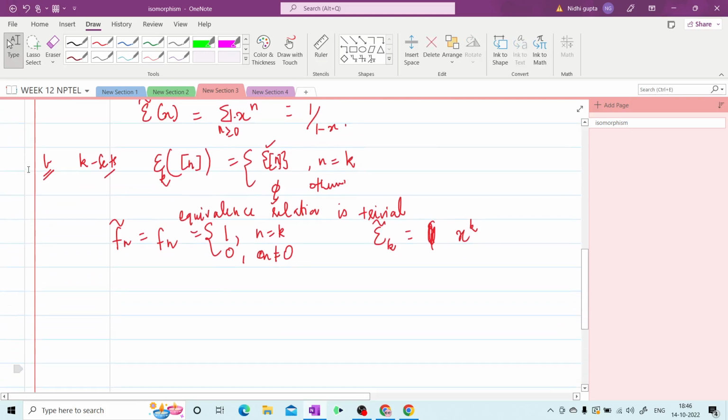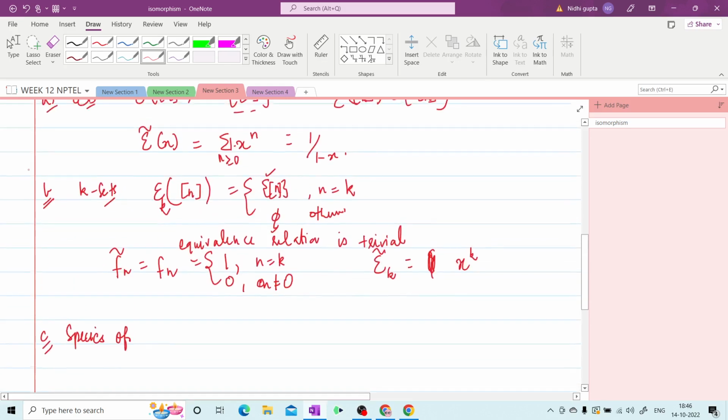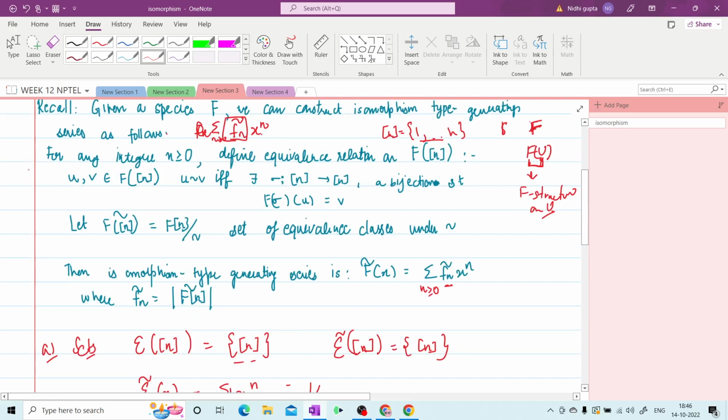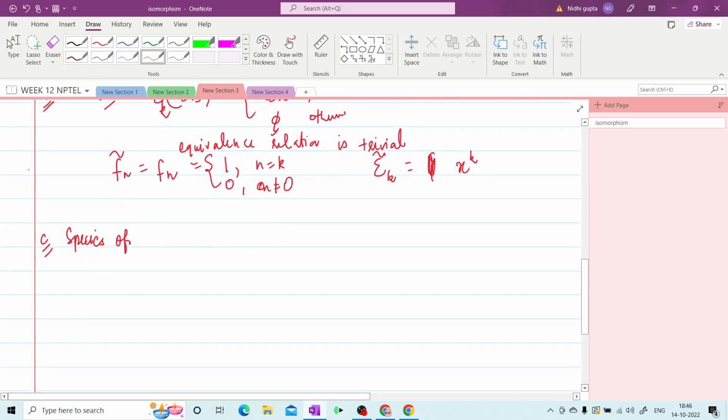Now the interesting examples start. Here you'll see that when you're trying to calculate isomorphism type, since this equivalence relation is defined using those transport functions, here is where the transport functions make the difference.